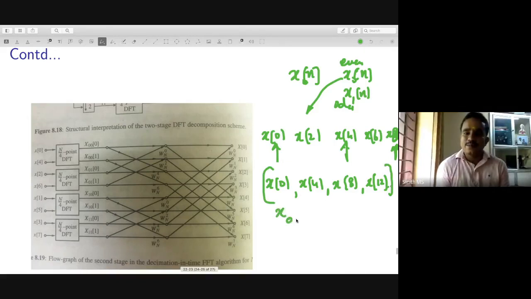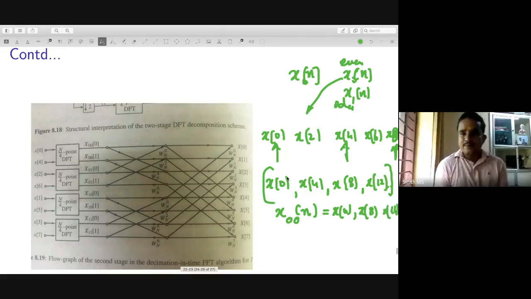So you'll represent it as x00n. That is, we first took the even terms from the series xn, and again you take even terms from the series x0n, so that becomes x00n. And if you select, it will be x0, x8, and then x16, like this.